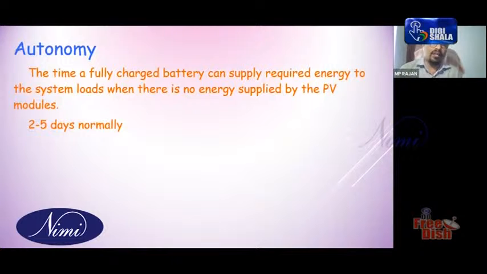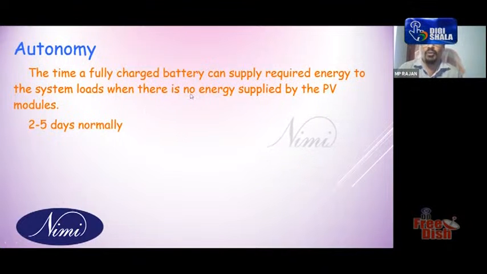Autonomy. See, in our solar power system, why we are using a battery, you all understood. Battery is required when there is no sun energy. Suppose in the rainy season or in the winter season also, sometimes for continuously 1 day, 2 days or 3 days, the sun will not give you energy.